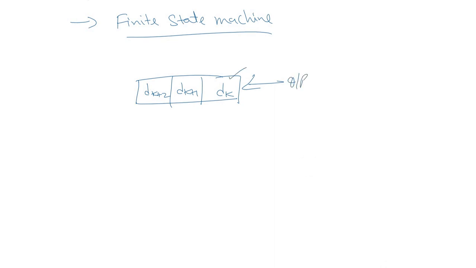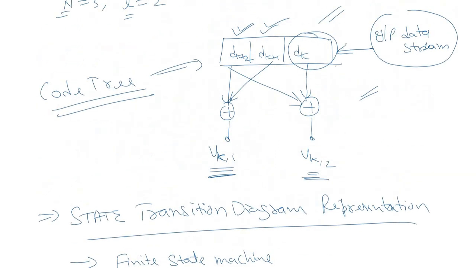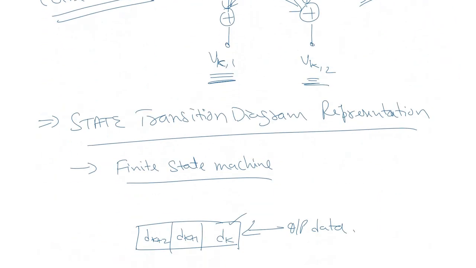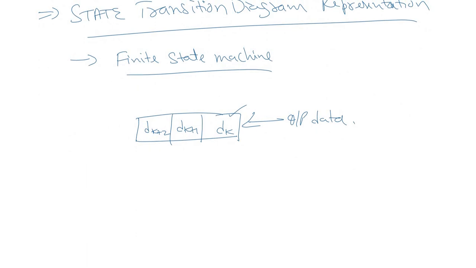This is the input data, and the output data we have seen from the encoder depends on the input data as well as the previous inputs present in the shift registers DK plus 1 and DK plus 2. There can be 4 possible combinations already present: 0 0, 0 1, 1 0, or 1 1.